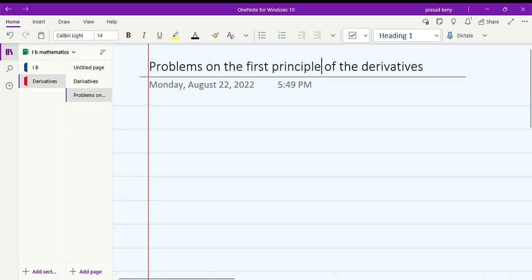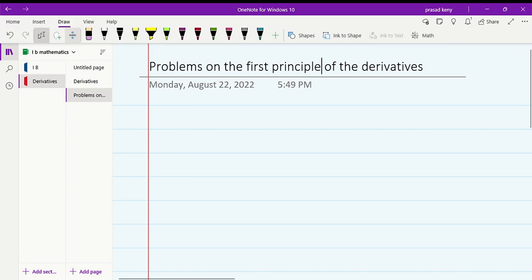Hello students, in the last class we had seen what is the first principle or the definition of the derivatives.